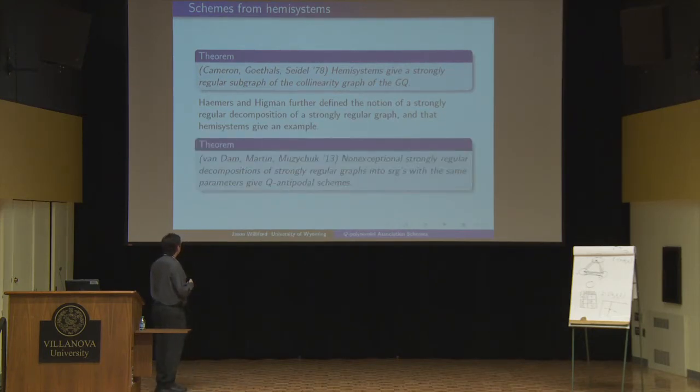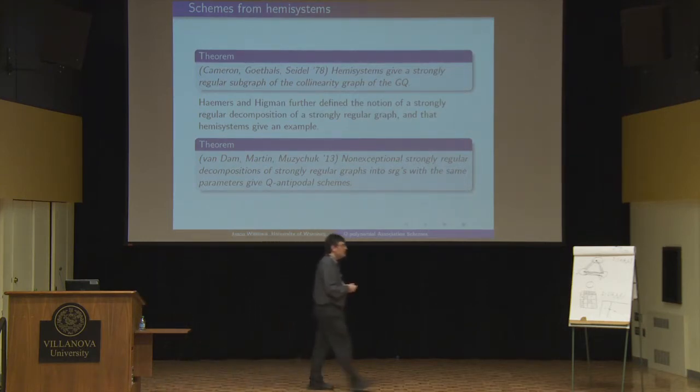And van Dam, Martin, and Muzychuk showed that in general, as long as you're splitting into two graphs with the same parameters, and there are exceptional cases when they're conference graphs, but forget about those, then you're getting Q-antipodal schemes.